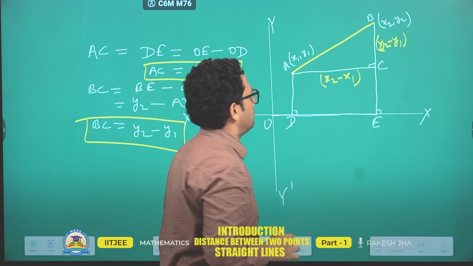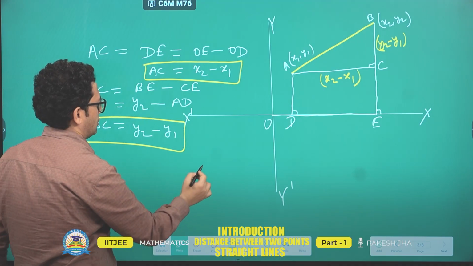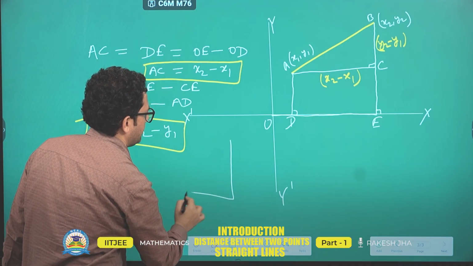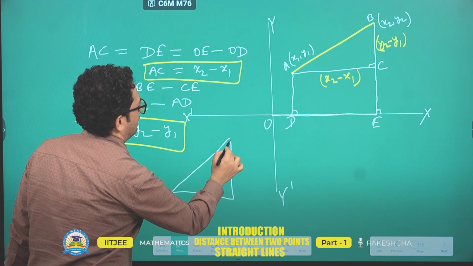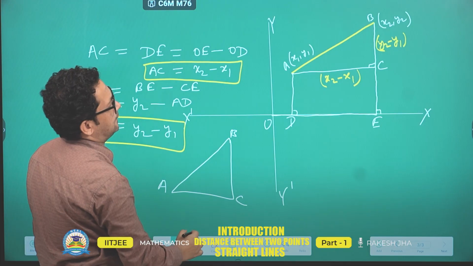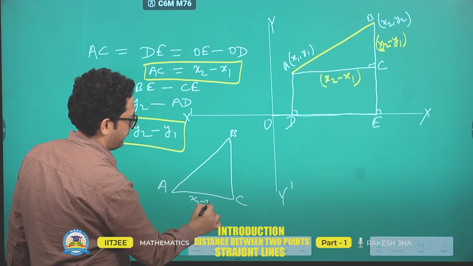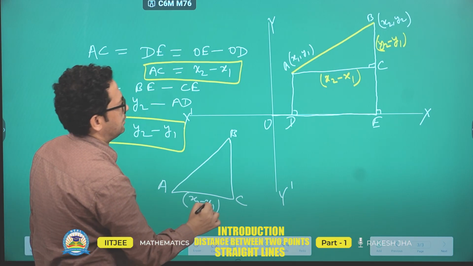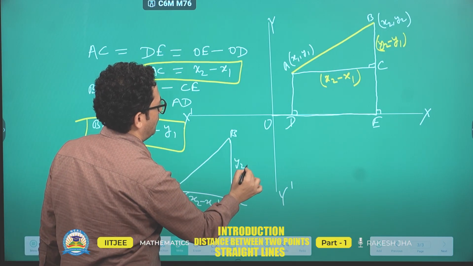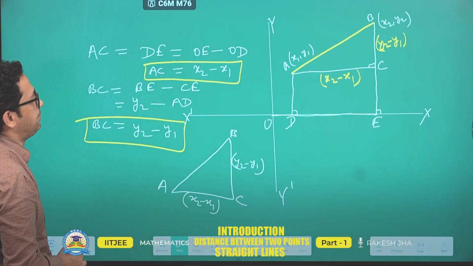Now let's talk about a right angle triangle ABC. So this is the right angle triangle ABC here, wherein AC length is X2 minus X1 and BC length is Y2 minus Y1. So we have to find AB.